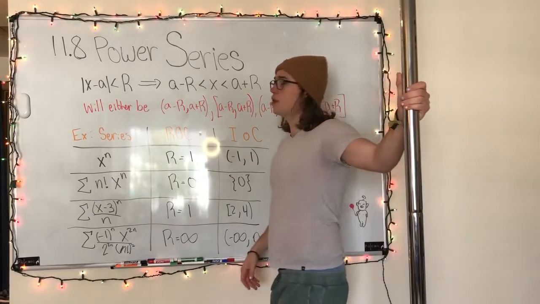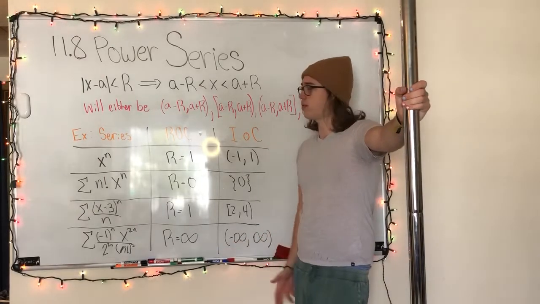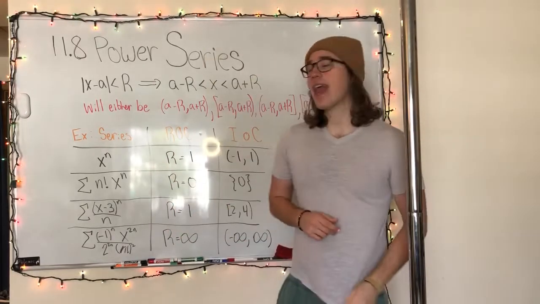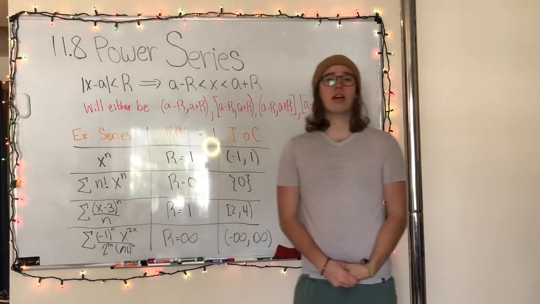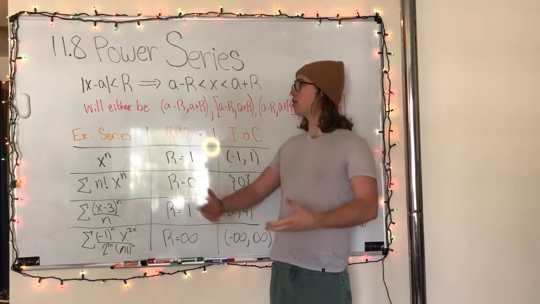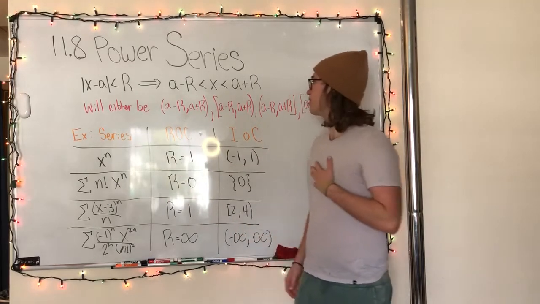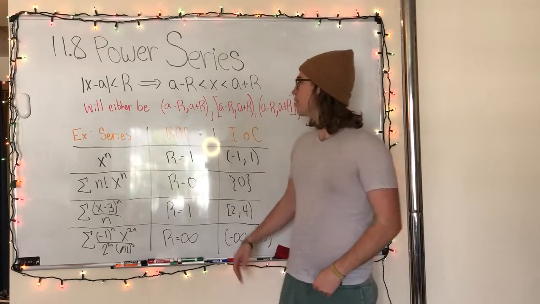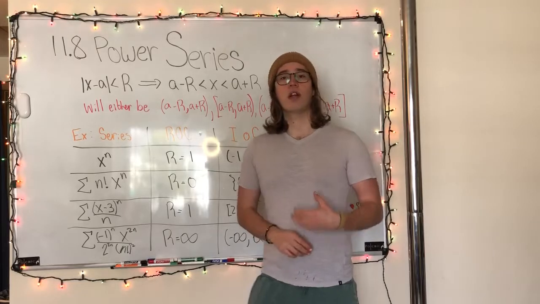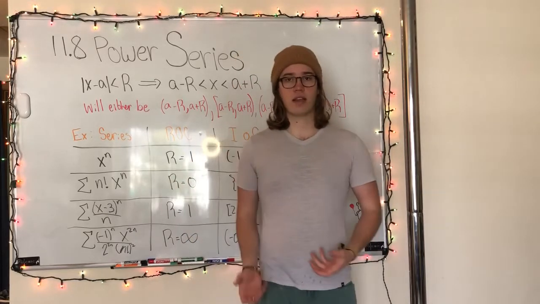Now, on to radius of convergence and interval of convergence. If we have the inequality |x minus a| less than r, well then we have a minus r is less than x, which is less than a plus r. And we can then get 4 possible intervals based upon our use of parentheses or brackets.